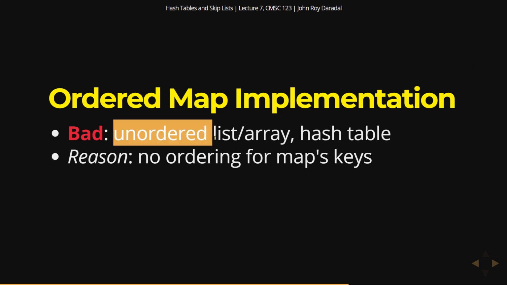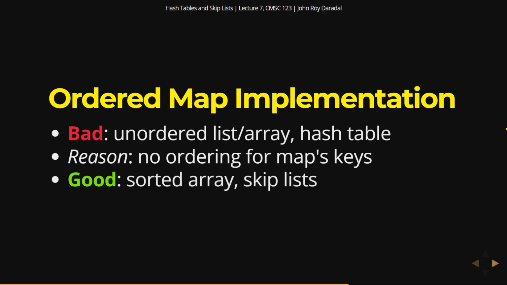From the name itself, unordered list, unordered array, and even the hash table, for separate chaining it was a mixture of keys in a certain list, or even for linear probing, it was all jumbled up, right? So it's a bad idea to use a hash table for ordered maps.